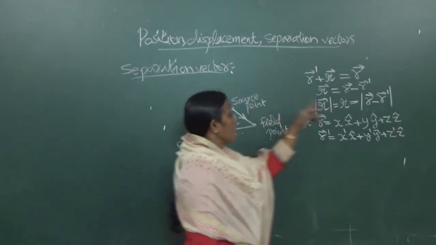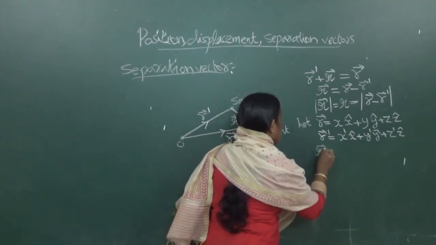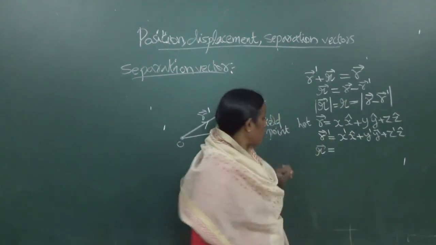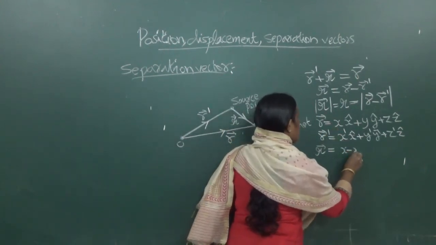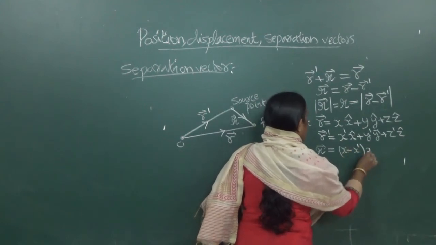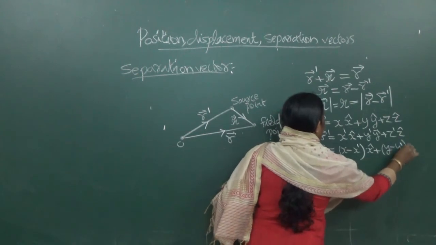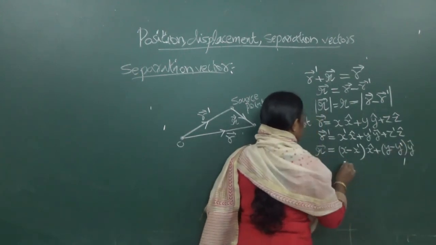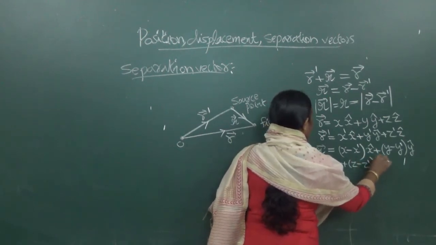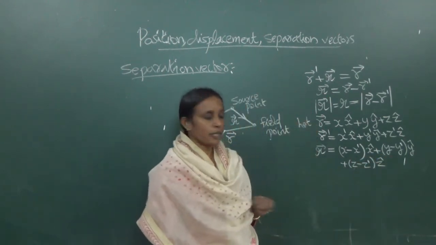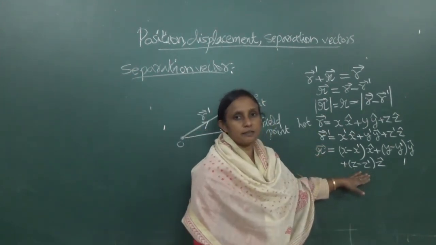Now what we need is the separation vector. So script vector r equals r minus r prime. That means x minus x prime times x cap plus y minus y prime times y cap plus z minus z prime times z cap. Right? So the separation vector script r is obtained like this.